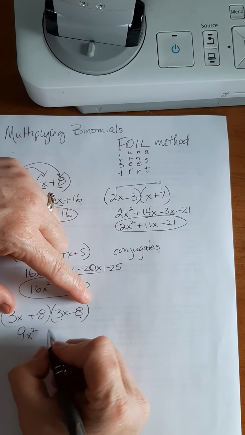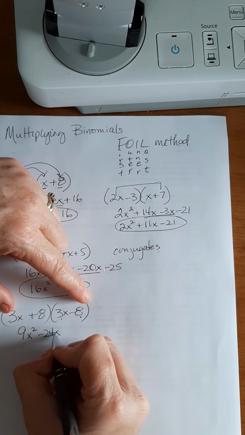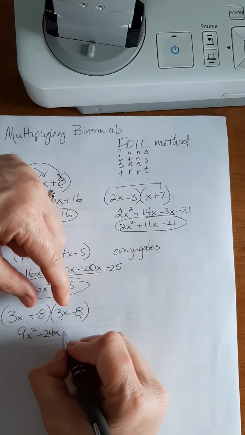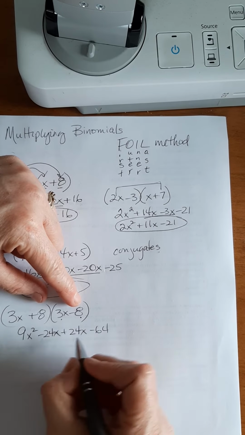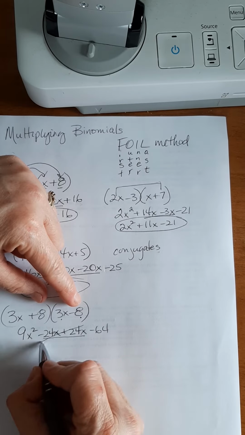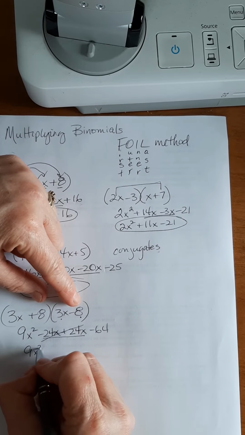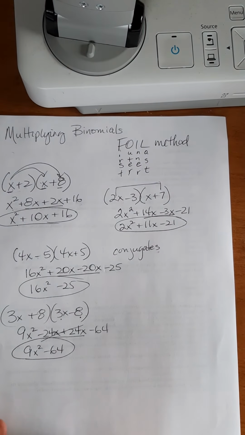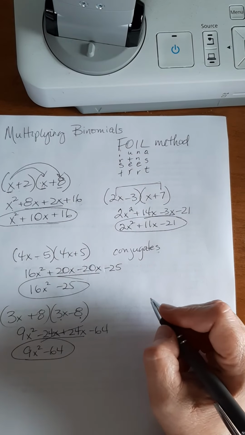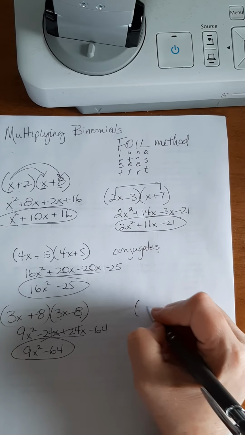But just to make sure I don't lose anybody, we can do it without the shortcut. Minus 24x plus 24x minus 64. And sure enough, just like they're supposed to, they're going to cancel. 9x squared minus 64.